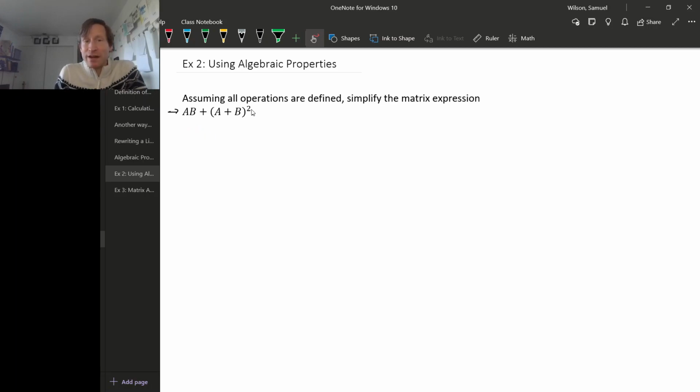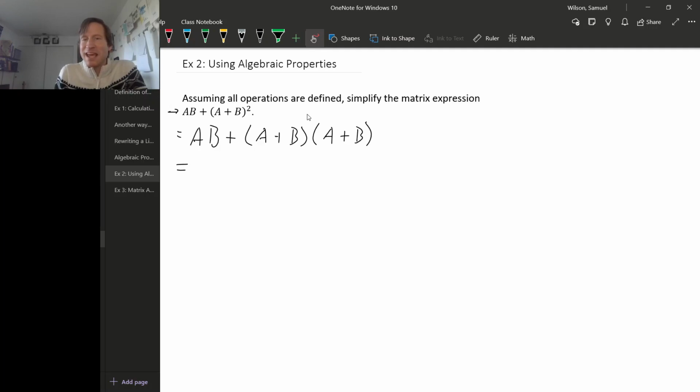So we have (A+B) squared, and remember, squaring is just multiplying by itself. So (A+B) squared is (A+B) times (A+B). And how do we multiply this out?